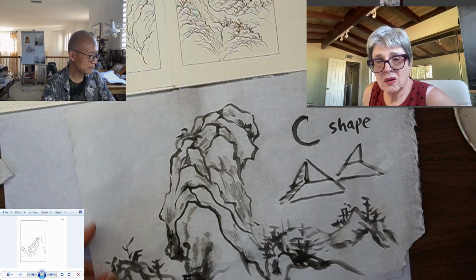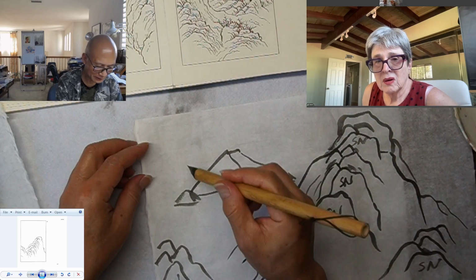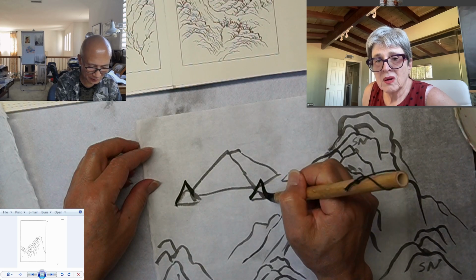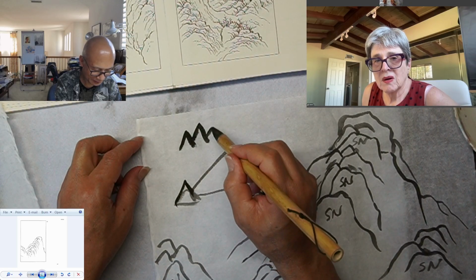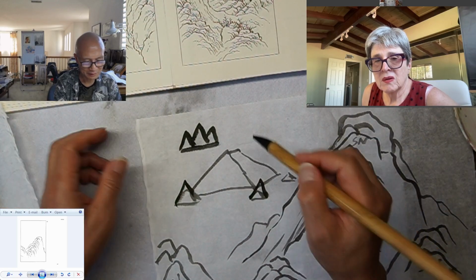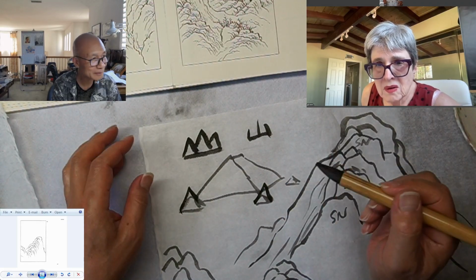Yeah, this composition is more mature than the primitive pictograph. The mountain is like a three of this. So this is the Chinese oracle bone style mountain, and later today we write it this way, right?